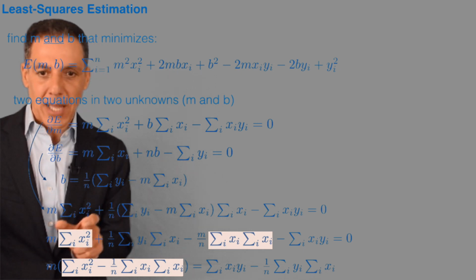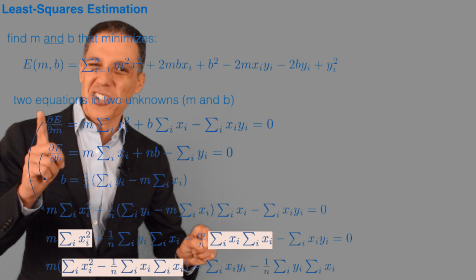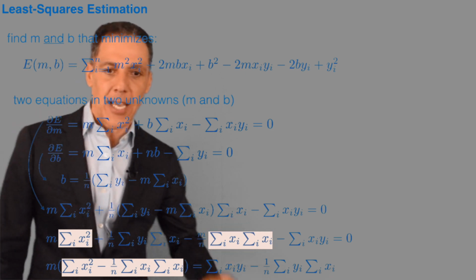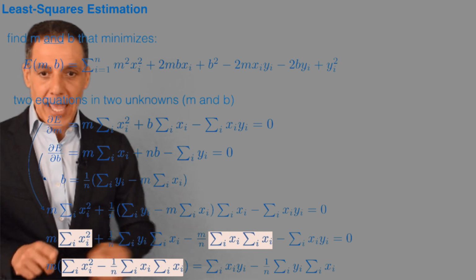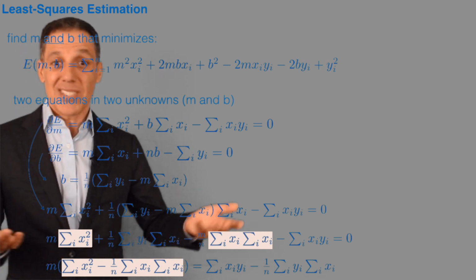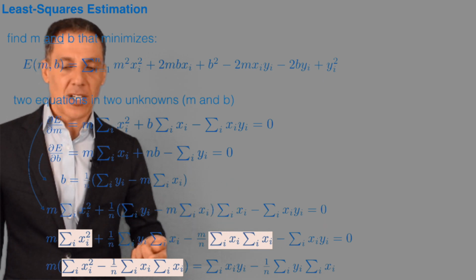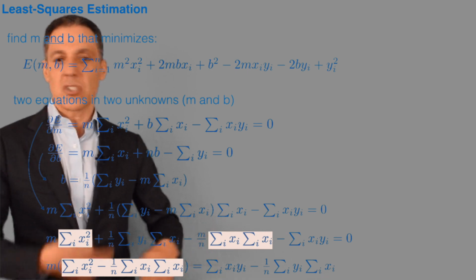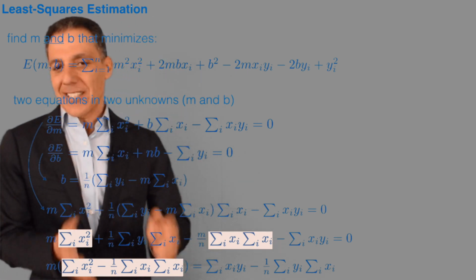So m multiplies that summation, and m multiplies 1 over n, and of course the number of points in our system, times that. Now, that's all the m's, and notice what I've done. I've got m times, well, this is a big, ugly looking mess, but what is it? It's just a number, just a scalar. Take all the xi's, you know what n is, compute those summations, square them, sum them, whatever you want, and it's a number. And it's a number times m.